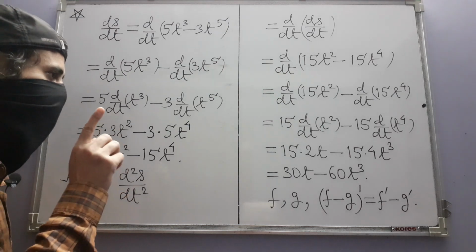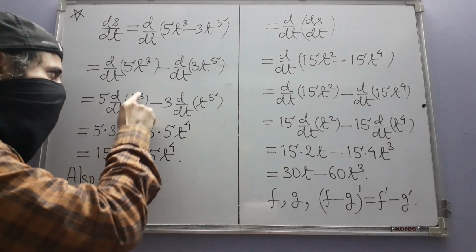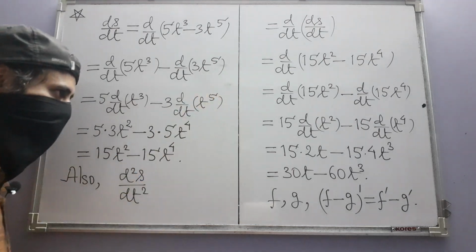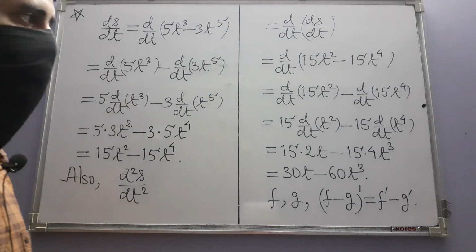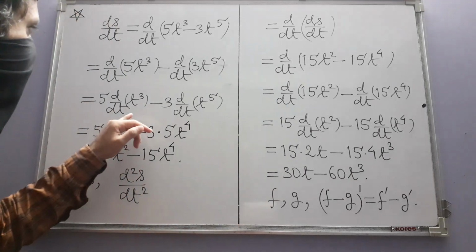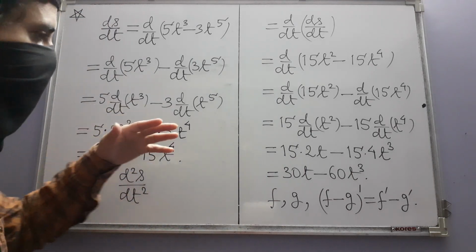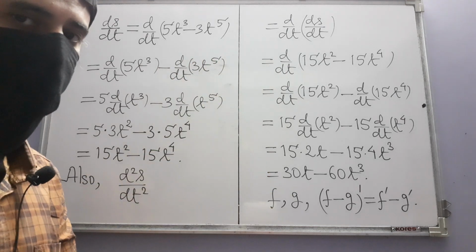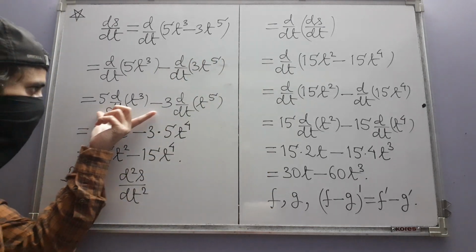What we, however, know is that t cube is differentiable and t to the power 5 is differentiable. That we know from the power rule. And so the justification that we are able to use these rules comes from this expression.